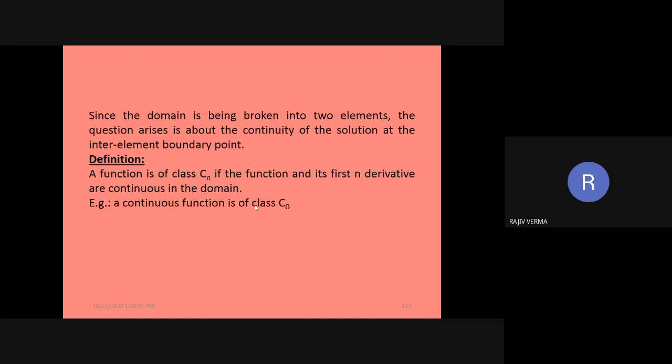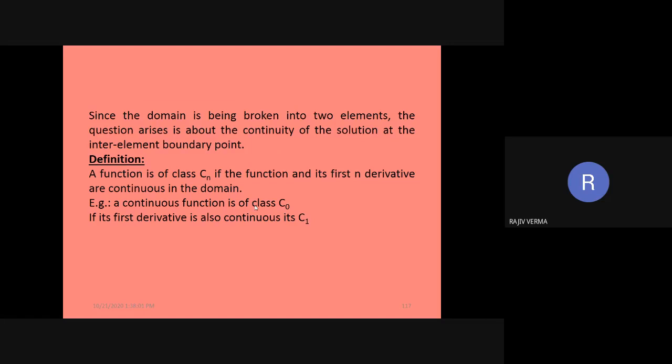The first means that if a function itself is continuous, it is of class C0. But if a function along with its first derivative, both of them are continuous in the domain, then the function belongs to class C1.